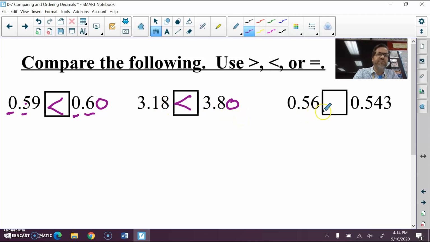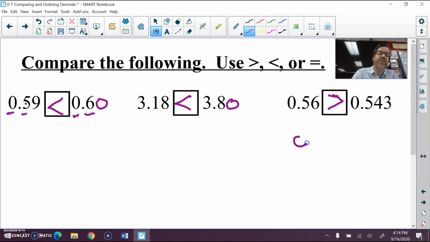And over here, 0.56. The zeros are the same in the ones place. The 5s are the same in the tenths place. In the hundredths place, I have a 6 here, and I have a 4 here. 6 is greater than 4. And so I have 0.56.